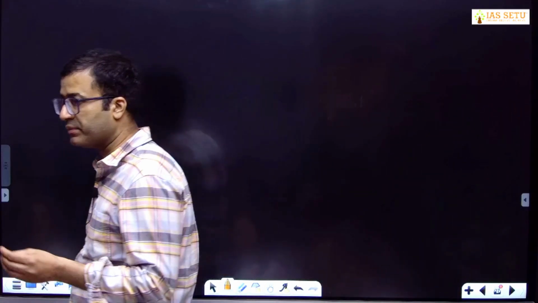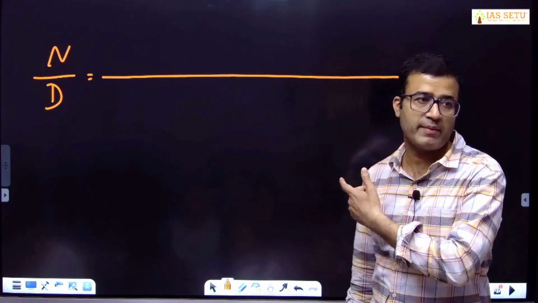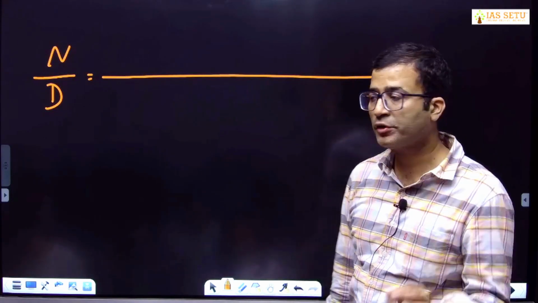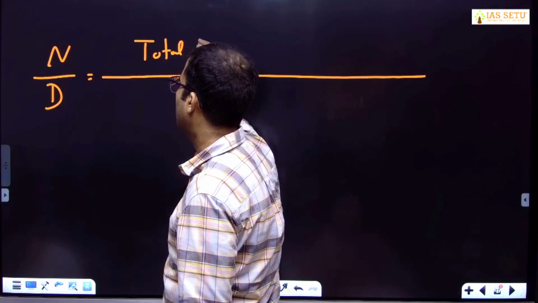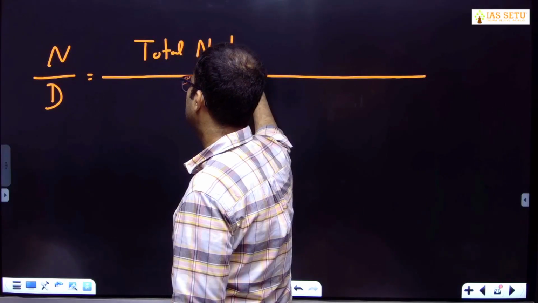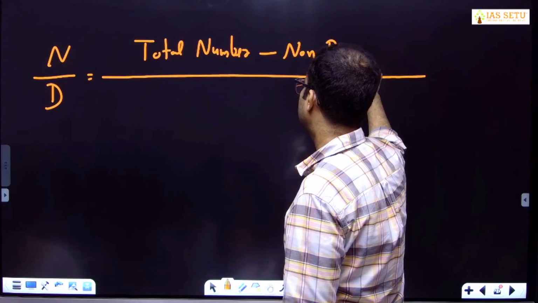So now here, either type 1, type 2, type 3 questions, what we are doing actually in this topic: you write numerator upon denominator. Any of the questions you can apply this. Our numerator is nothing but total number minus non-recurring part.